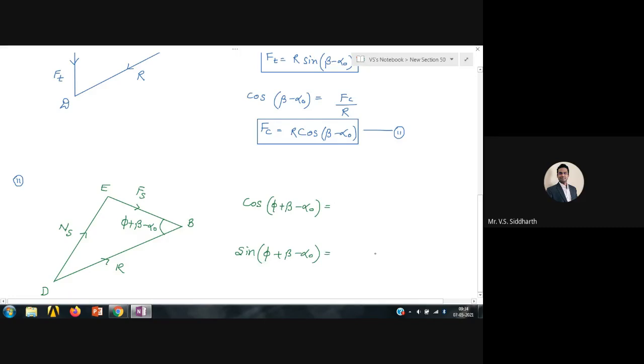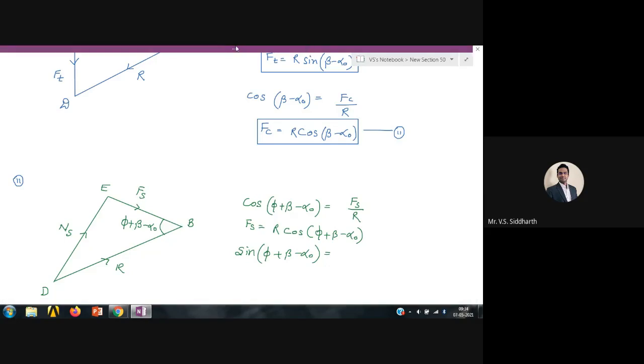Cos will be Fs upon R. So my Fs will be R cos phi plus beta minus alpha naught.